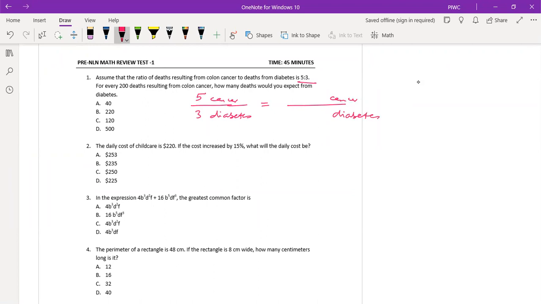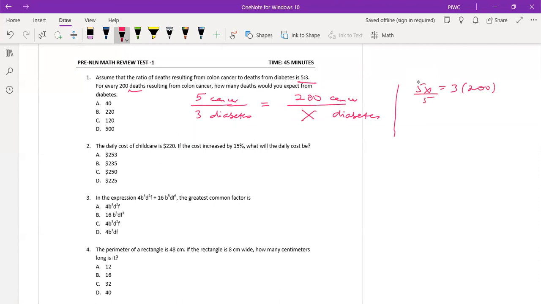We've been given 200 deaths from colon cancer, so that's 200 here, and X is missing. This is the proportion you want to solve. You do a cross product, 5 times X, 5X is equal to 3 times 200.